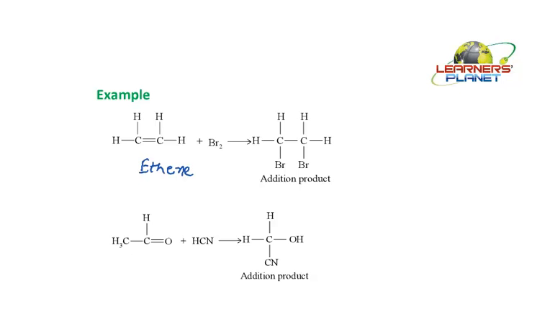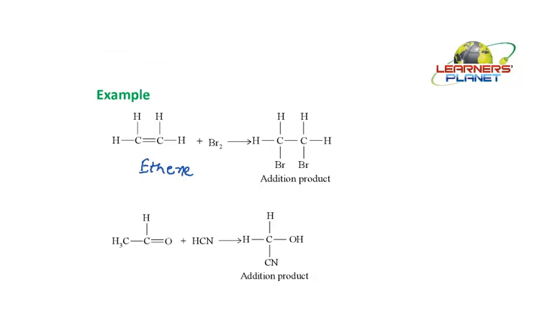What is happening? A new product is formed, the addition product, with Br and Br. Now what will be its name, students? Let's write its name. First of all, how many carbon atoms are there? 1 and 2.